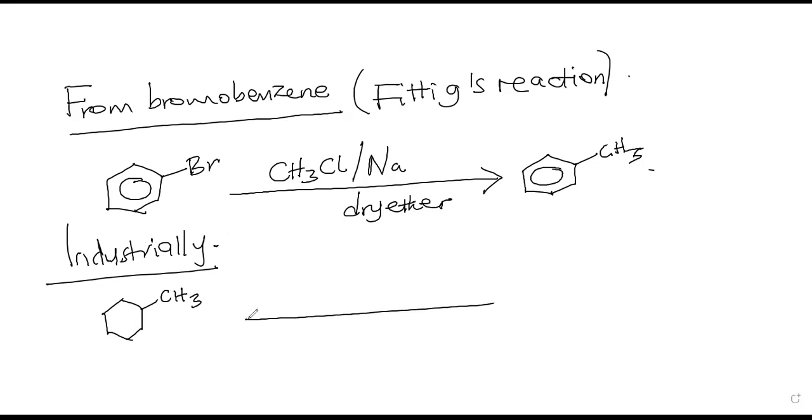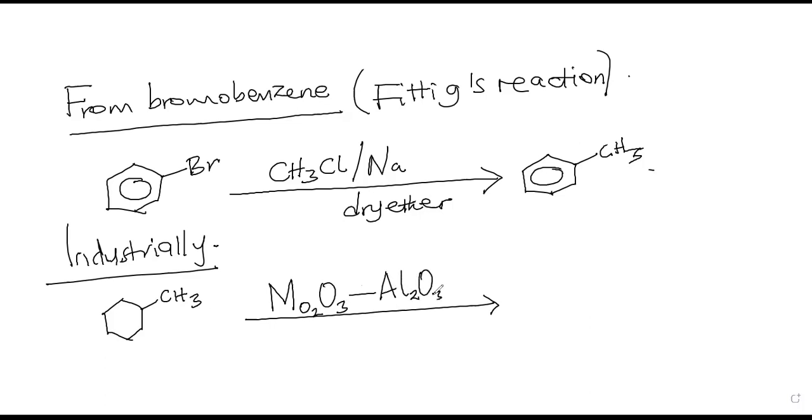When you treat methylcyclohexane with an inorganic mixture of catalysts, the first catalyst is called molybdenum(III) oxide. You treat it with aluminum oxide.